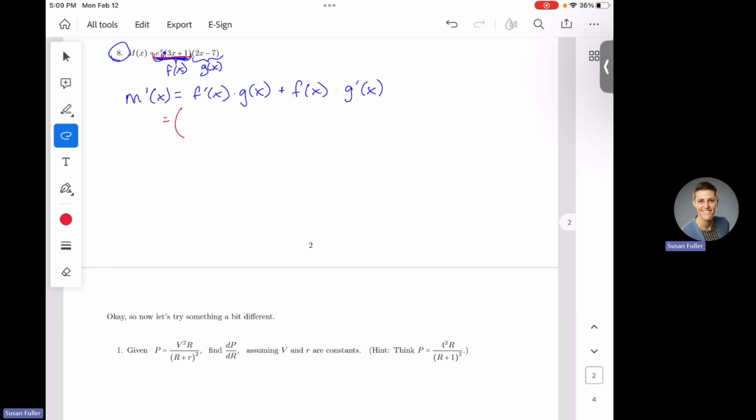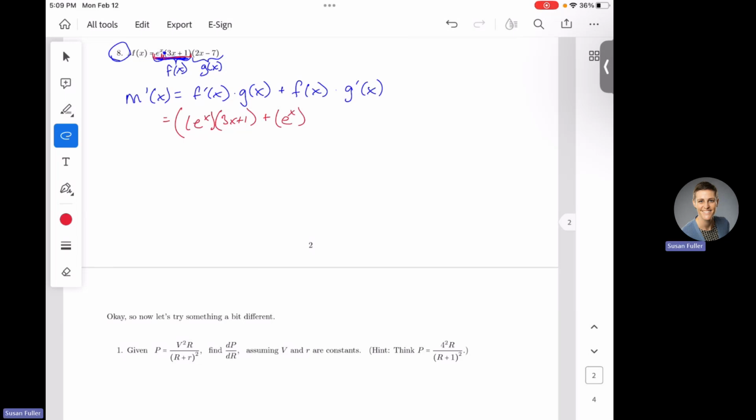So f prime of x, the derivative of this first one, is going to be the derivative of e to the x, that's e to the x, times the second as is, that's 3x plus 1 as is, plus the first as is times the derivative of the second.